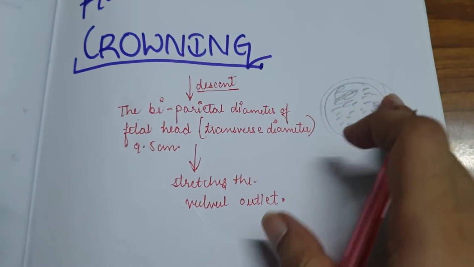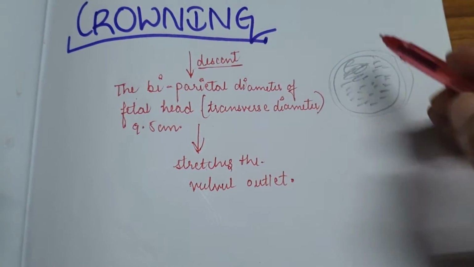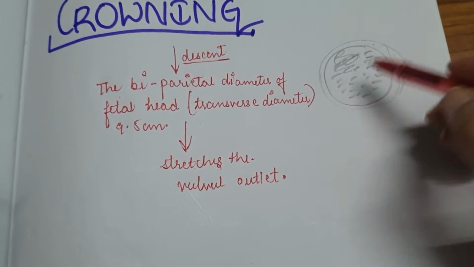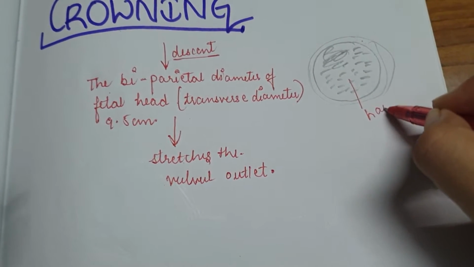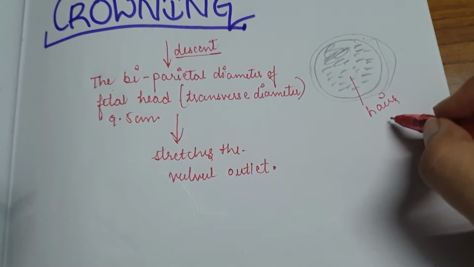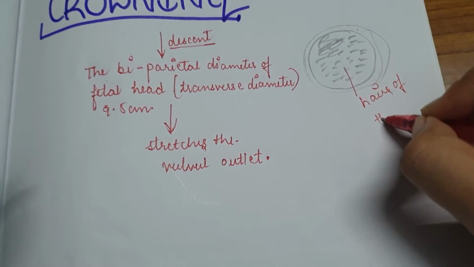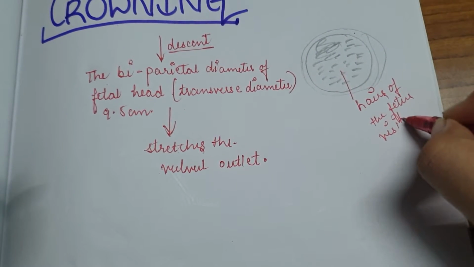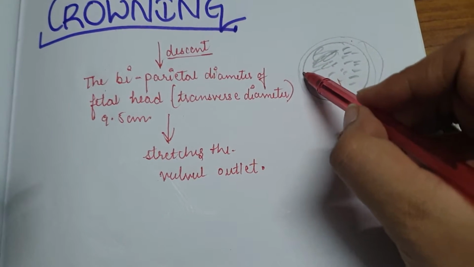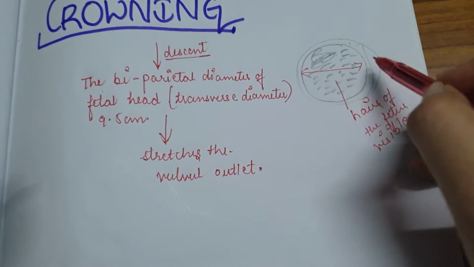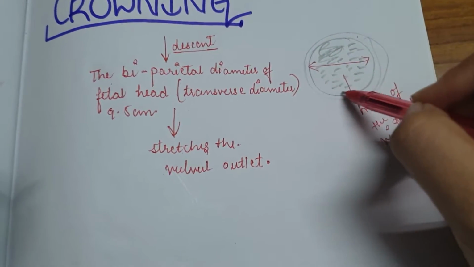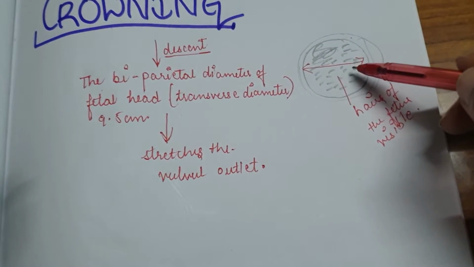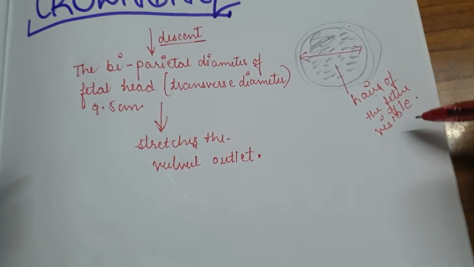You can see here. So with the further descent, when the head of the fetus is visible, like the hairs visible, so the biparietal, that is the transverse diameter of the fetal head, stretches the vulval outlet. So here the hairs of the fetus are visible from outside.